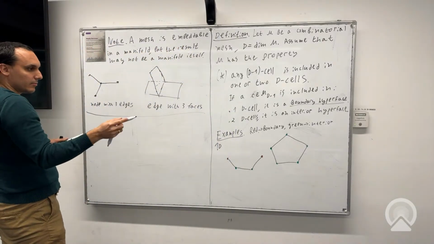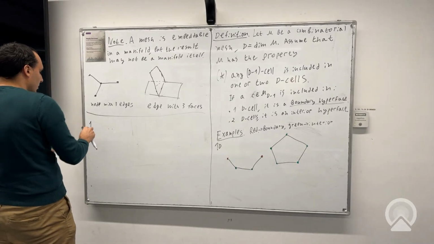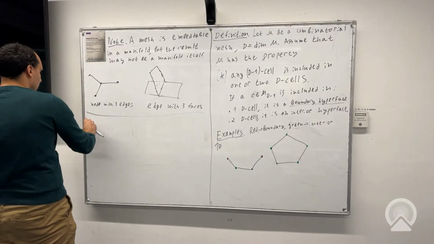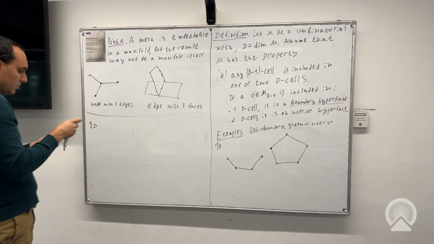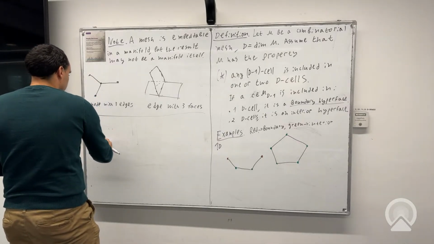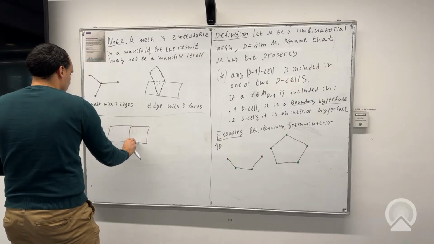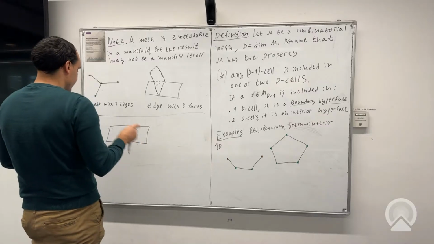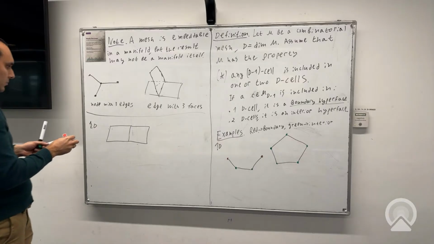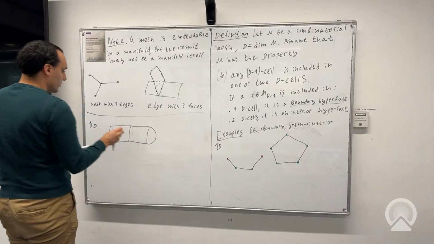So if it's closed, it doesn't have a boundary. Now in 2D, let's say this mesh here, and maybe even some diagonal here as well.